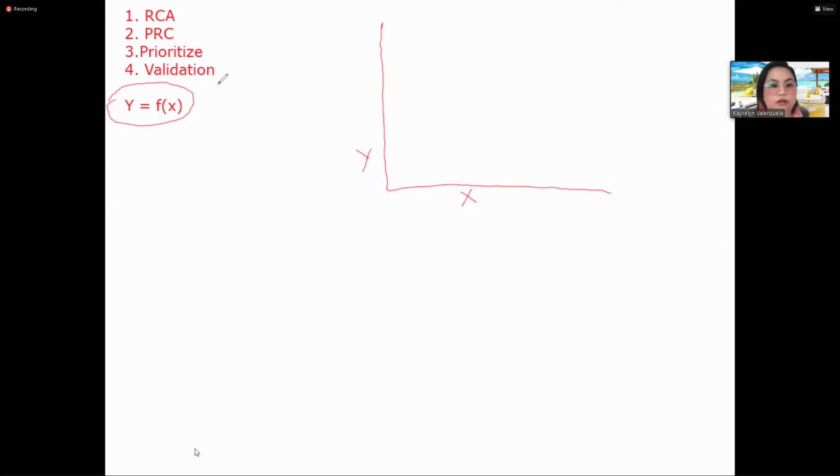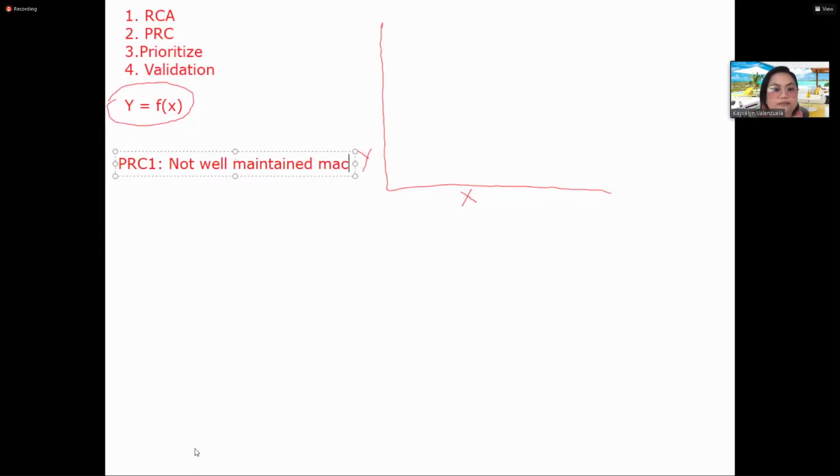So, yung Y is equal to function of X will tell you, alin ba yung ilalagay ko sa y-axis and x-axis. So, kung for example, ang try natin mag-validate, PRC1 na na-identify ko, for example, yung kanina, not well-maintained machine. Diba? So, identify ko yung X and Y dyan. Yung Y ko dyan, ano yung Y ko?